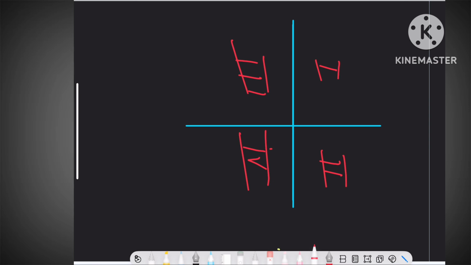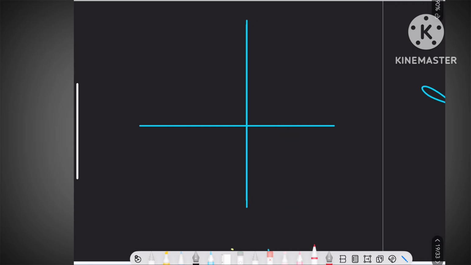This first, second, fourth part does not work in geography. It works in maths. Here you have a y-axis and an x-axis. The x-axis is the horizontal line, this line.